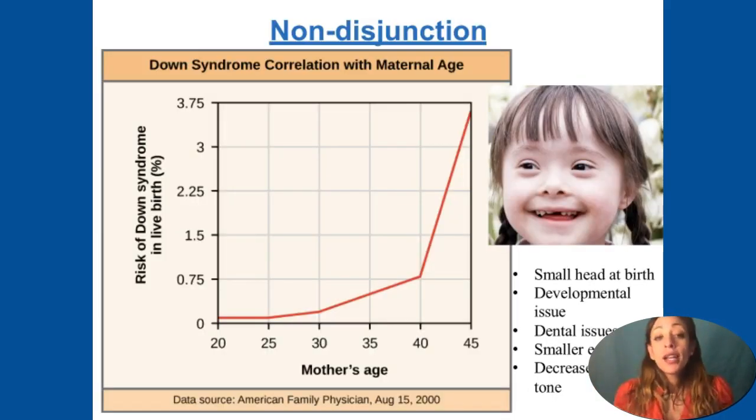So, Down syndrome. It actually allows for an individual to be born with a smaller head at birth. They have developmental issues, they have dental issues, smaller ears, decreased muscle tone, among a ton of other symptoms. Okay, the reason for that is nondisjunction.